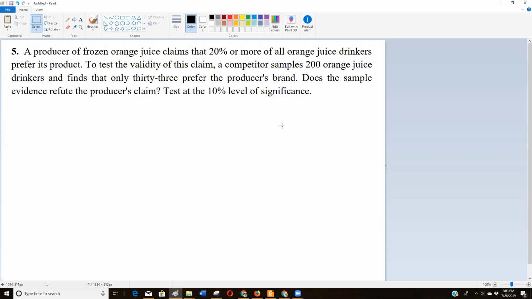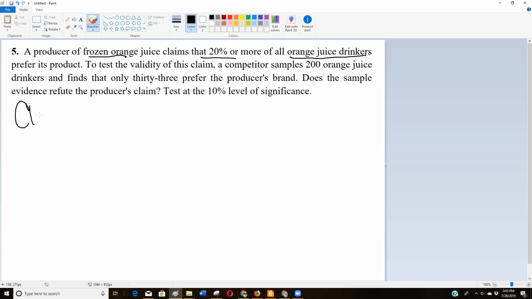Okay, so this is about frozen orange juice. It says a producer of frozen orange juice claims that 20% of all orange juice drinkers prefer their product. Okay, so that's the claim.